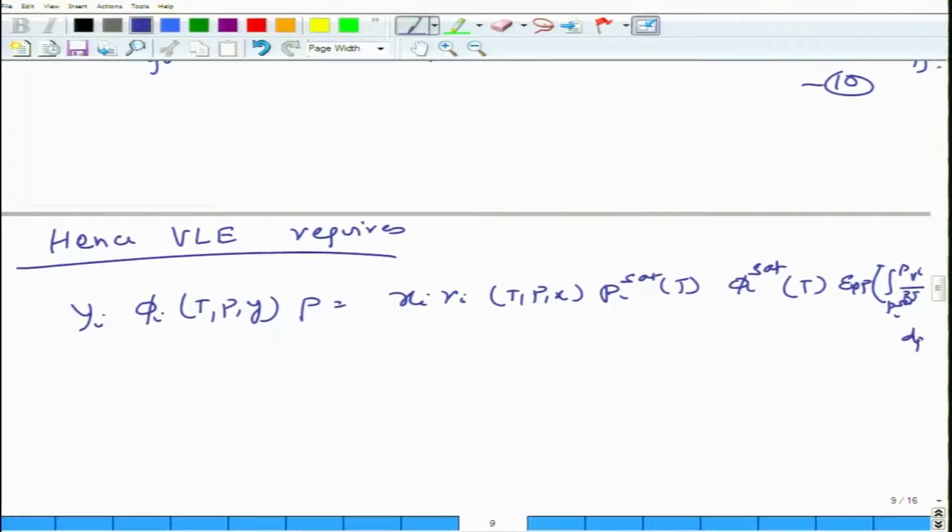This is nothing but the Poynting correction. So, this is the final expression of this.